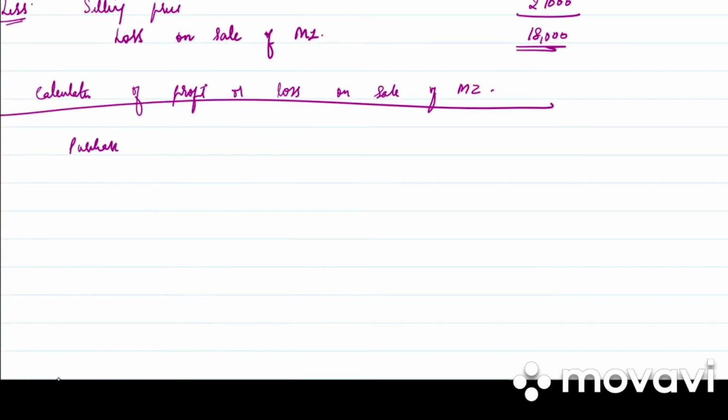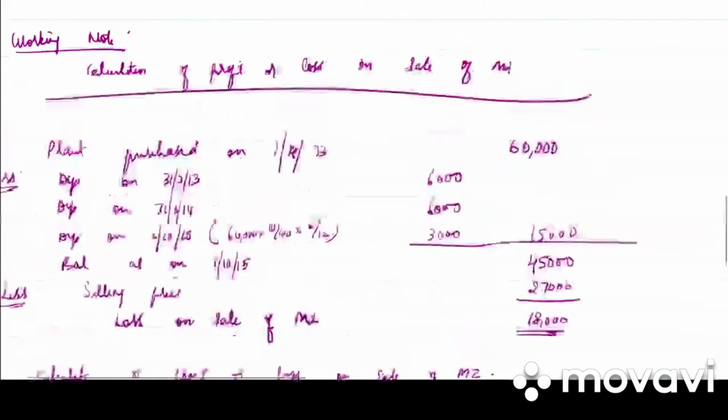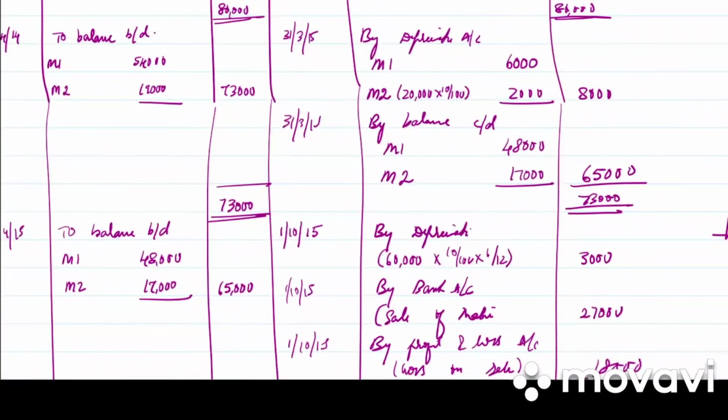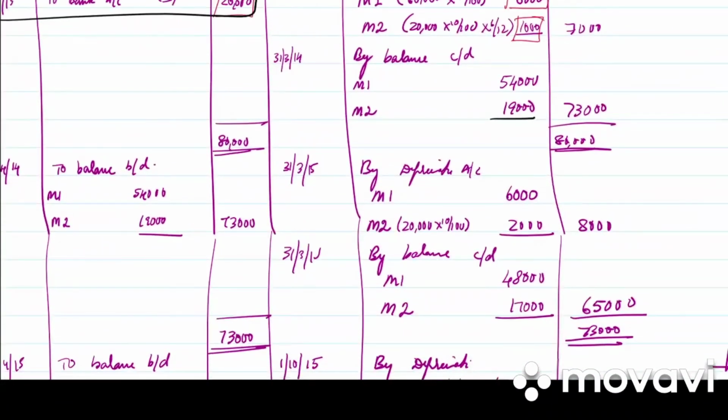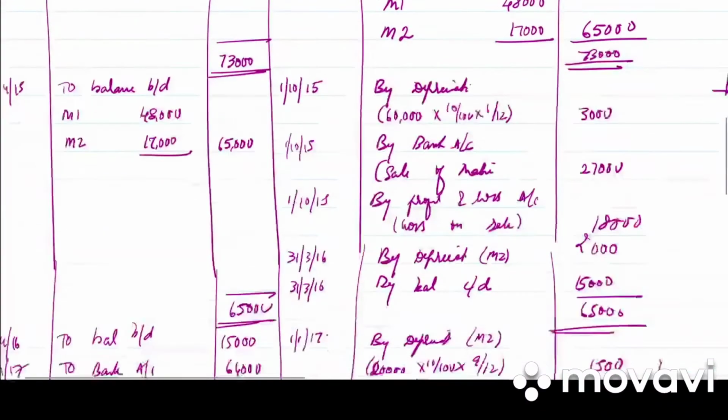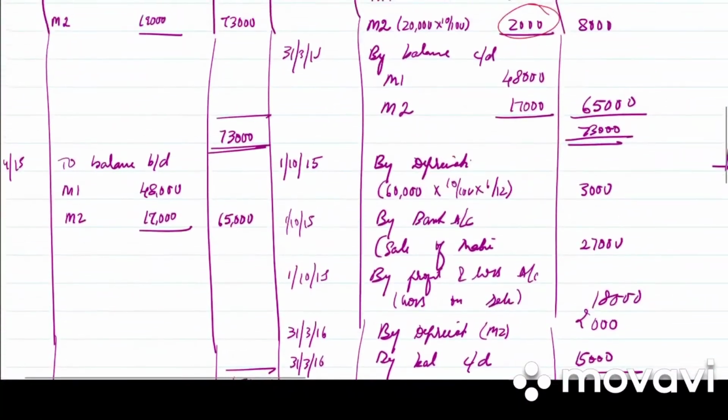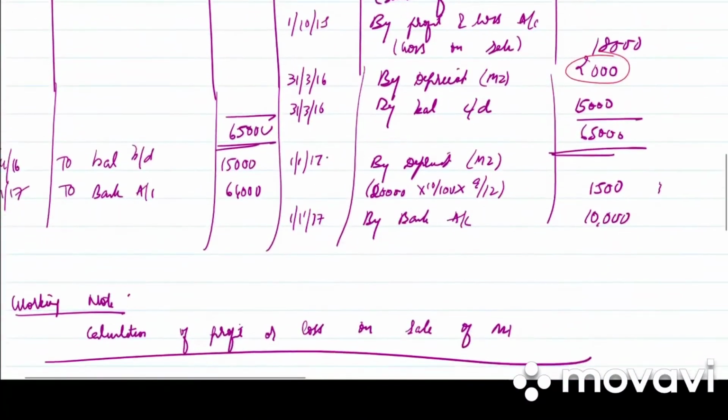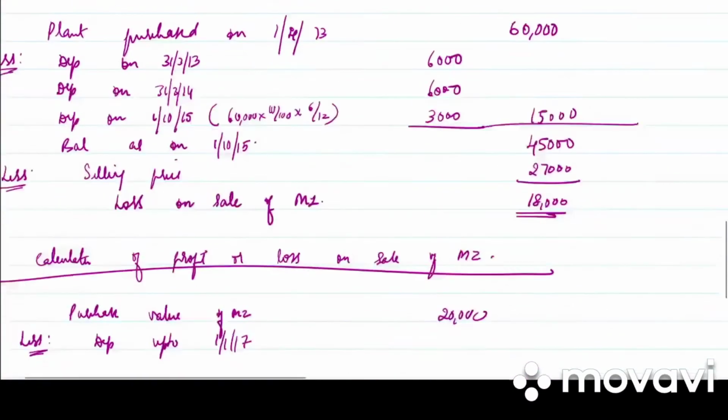Next we need to calculate profit and loss on the sale of machine 2. So the purchase value of machine 2, how much is it? 20,000 less depreciation up to 1st January 2017. Go to your plant account and machine 2, whatever is the depreciation: 1,000, 2,000, 2,000 and 1,500.